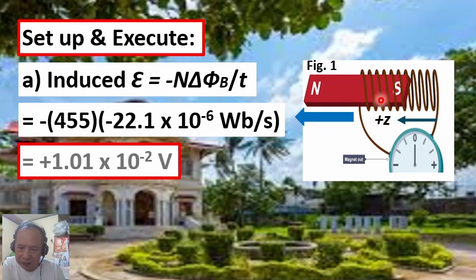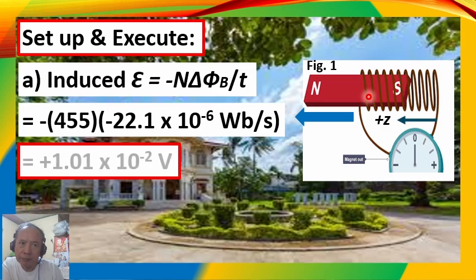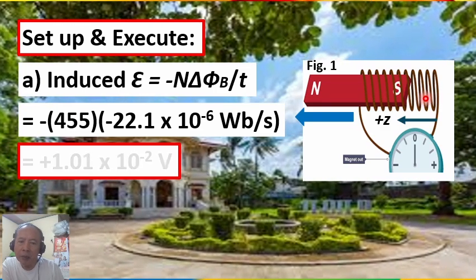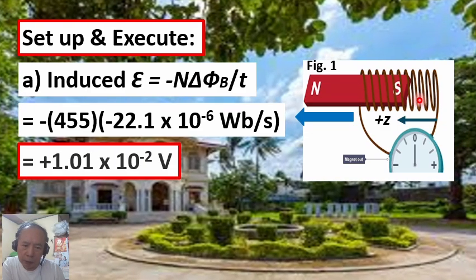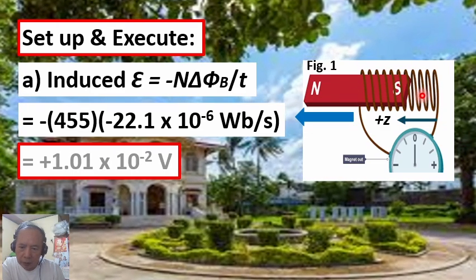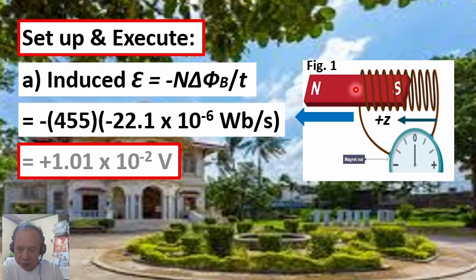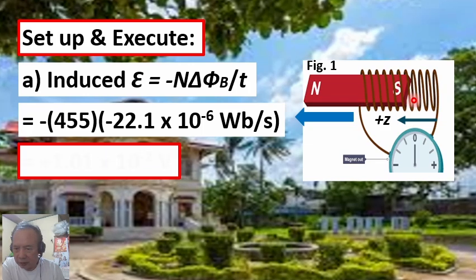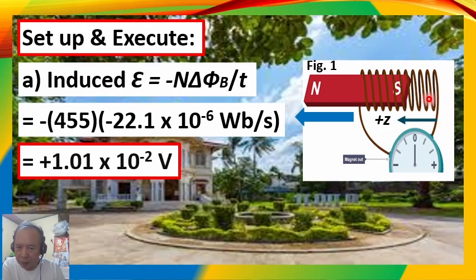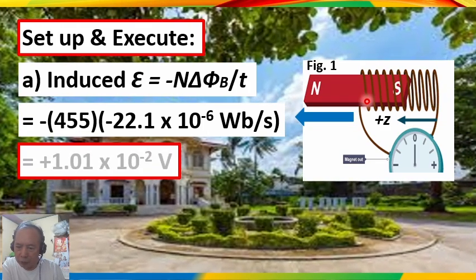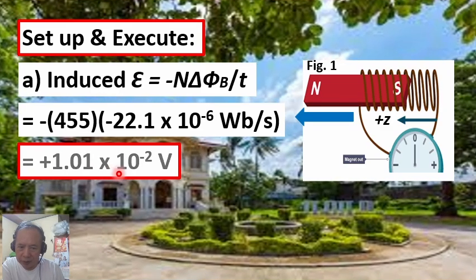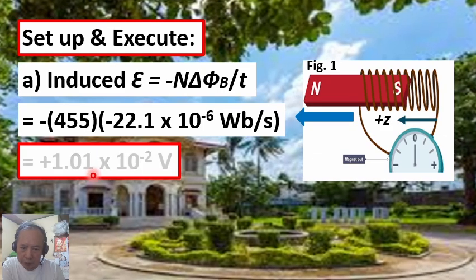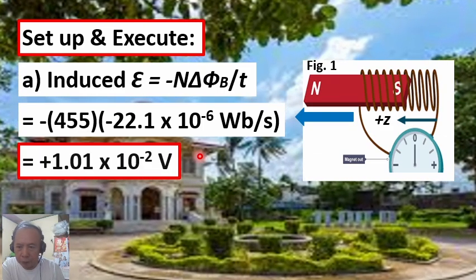But in the process, that amount of work done turns out to be the same amount of what we call electrical energy, whose amount of voltage or electromotive force is measured or computed equal to positive 1.01 × 10^-2 volts.